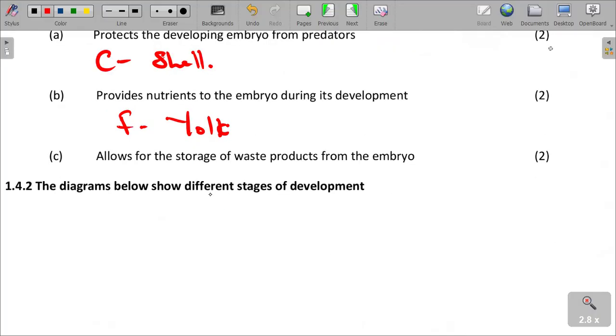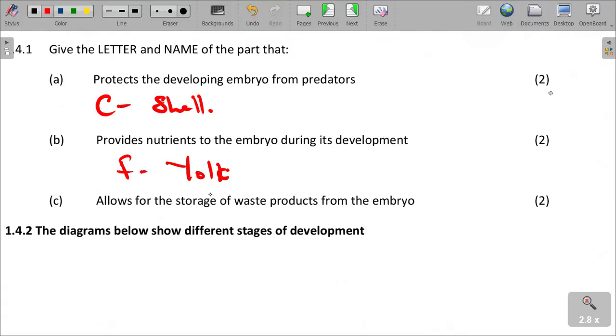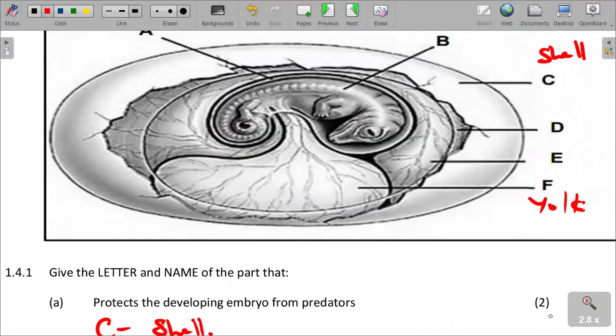And then allows for storage of waste products from what? From the embryo. Waste products from the embryo are collected in the allantois. So the allantois is the one that is responsible for that.